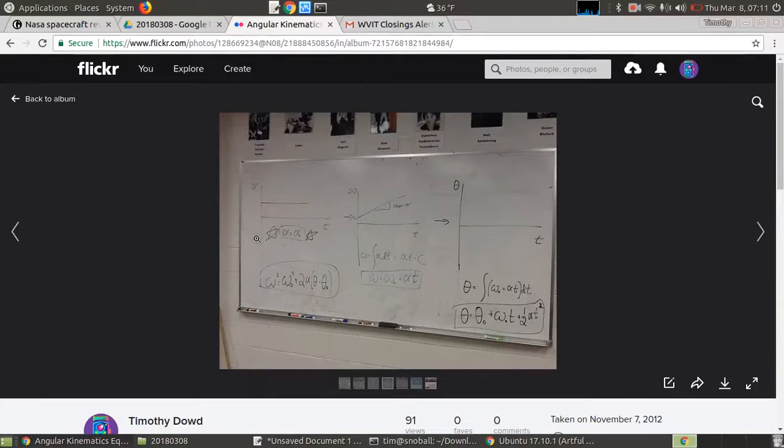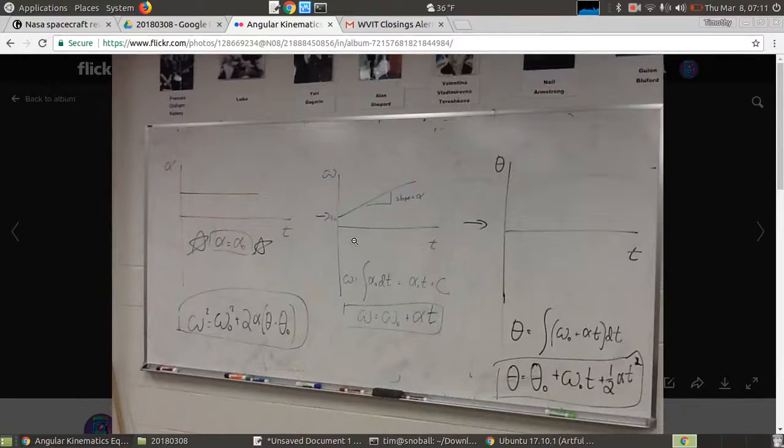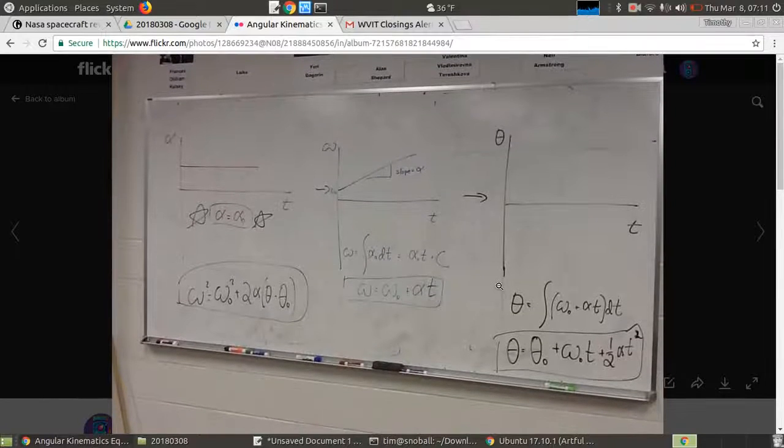I just wanted to give an example of how similar the two types of motion are. This is an equation of angle, angular velocity, and angular acceleration for an object that is starting to spin. And you may notice that the equations of each of these functions is really similar to what we've seen already.